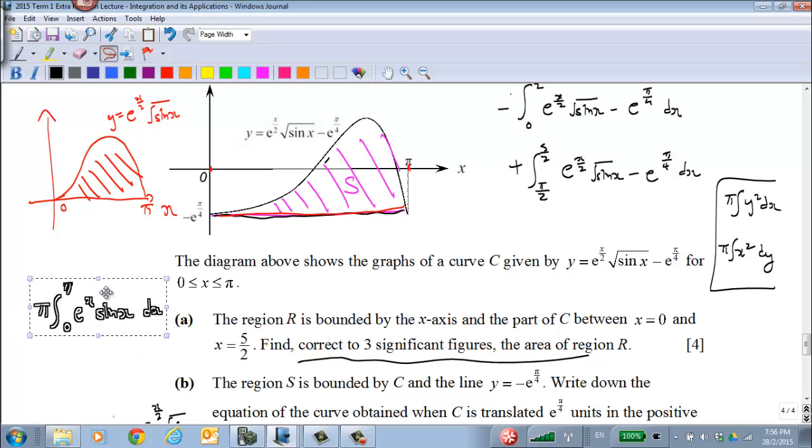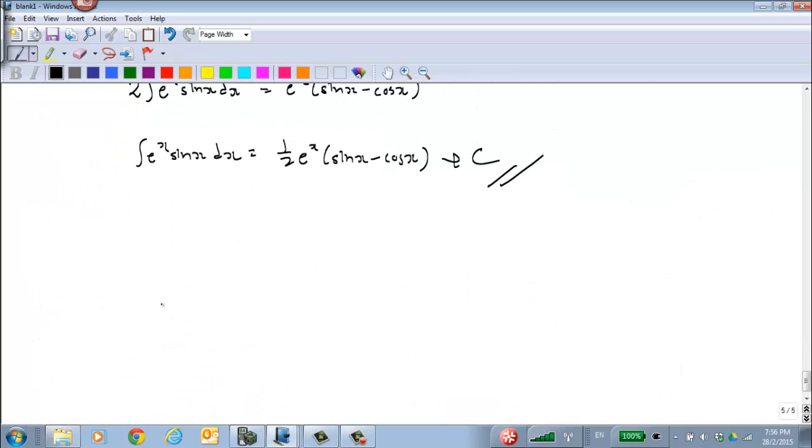So how do you calculate this actual volume? You do this, and you can see that this integration is basically the integration that the question asks you to solve from the very first part.